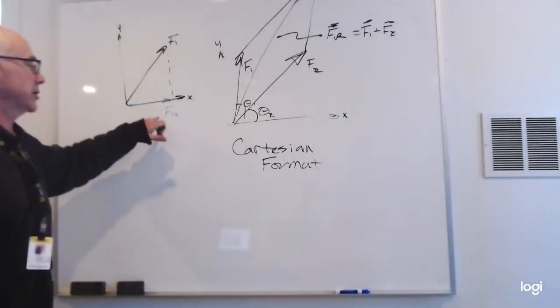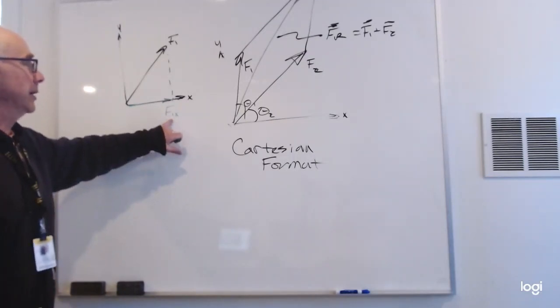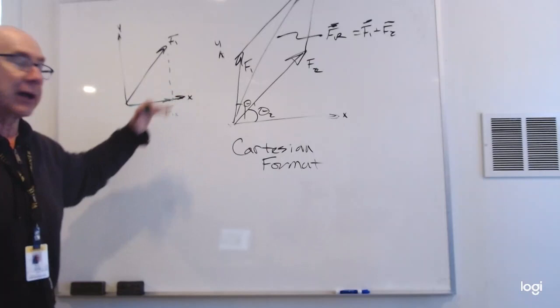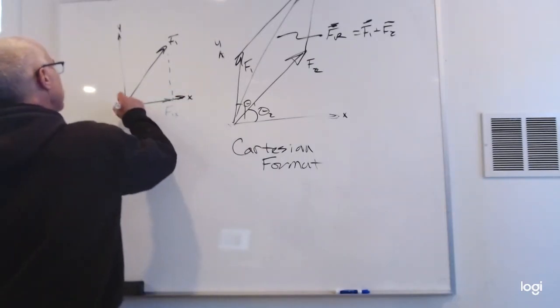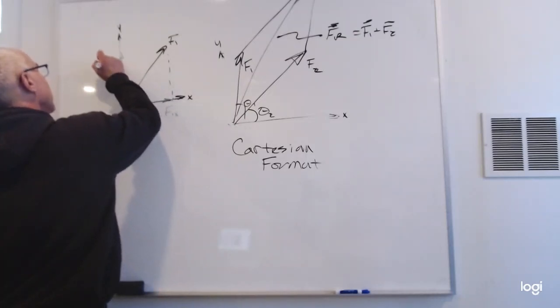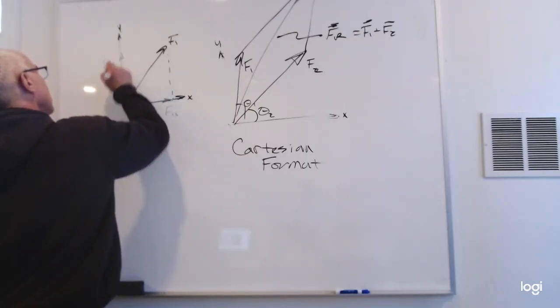That's the notation they use: F1 indicates the vector 1, and x means it's in the x direction. And then we have another component in the y direction coming up this way, and we call that F1y.